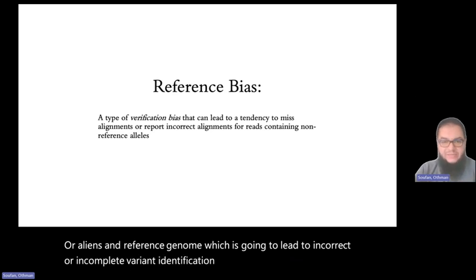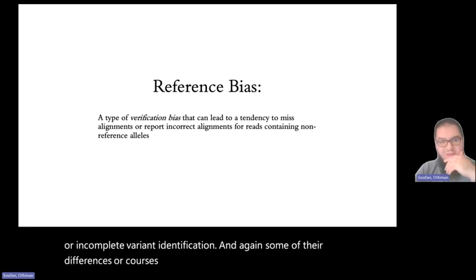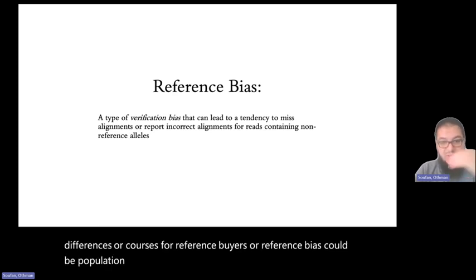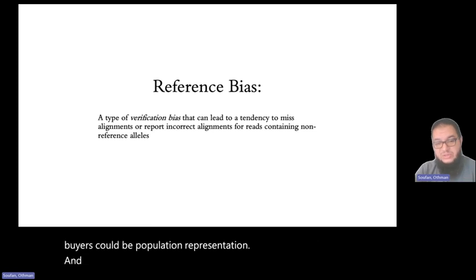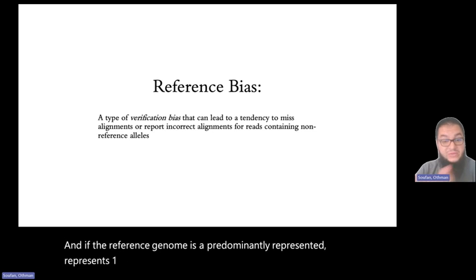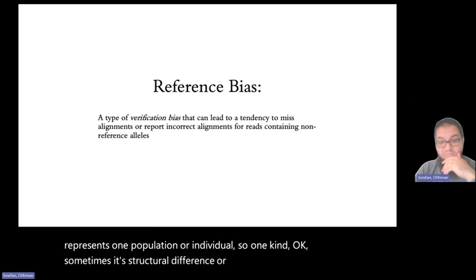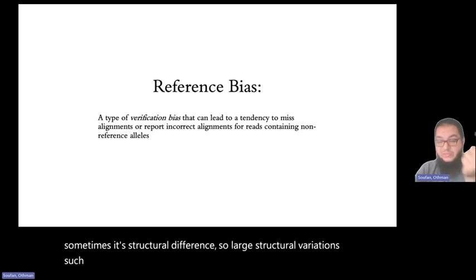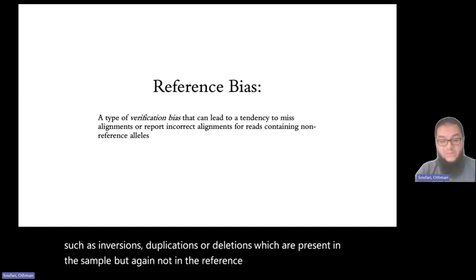And again, some of the causes for reference bias could be population representation, if the reference genome predominantly represents one population or individual, so one kind. Sometimes it's structural differences, so large structural variations such as inversions, duplications, or deletions, which are present in the sample but not in the reference, and so on.